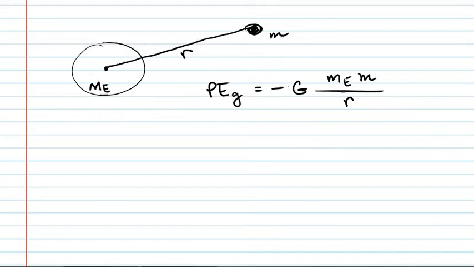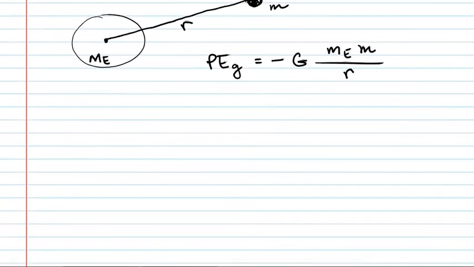So the gravitational potential energy with the full Newtonian theory is the negative of G times the mass of the Earth, mass of the object, divided by the distance between them. And if the objects were m1 and m2, just to make it more general, then in the product it would be not just M times m, but m1 times m2.